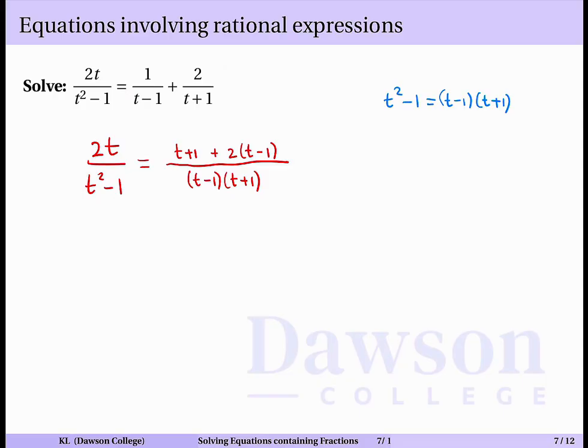So we will have 2t equals t plus 1, and then we distribute this 2 here. We will have 2t minus 2.